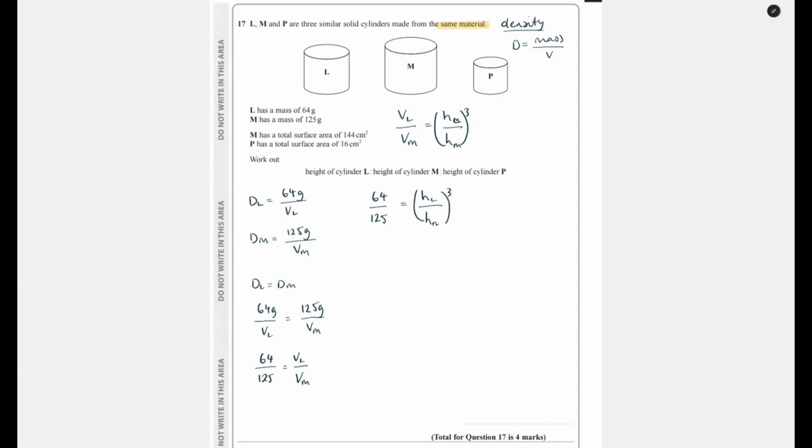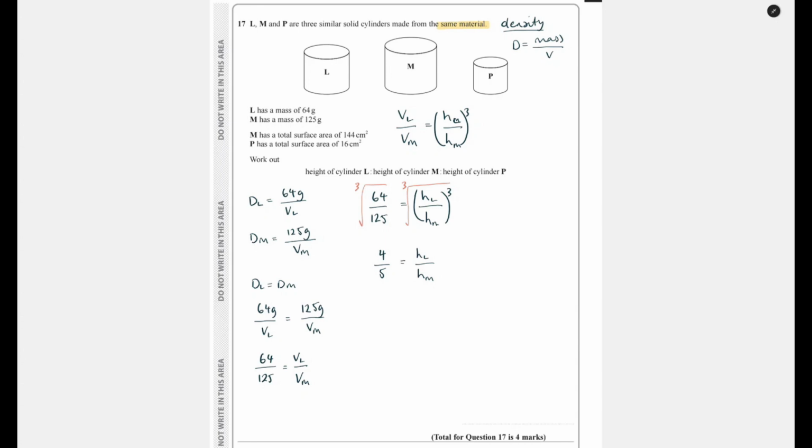So if we cube root both sides, we get 4 over 5 for the heights of HL and HM.